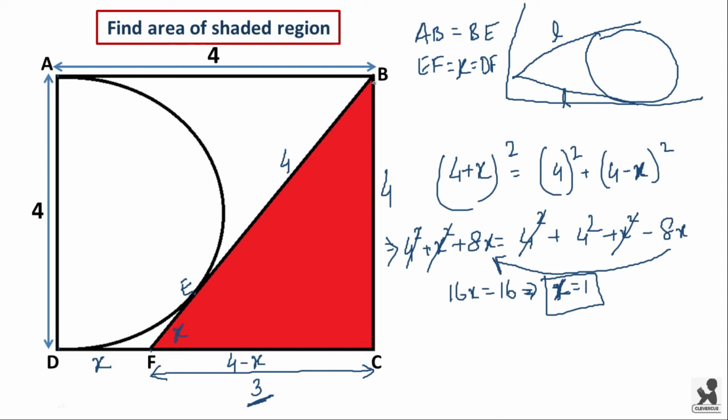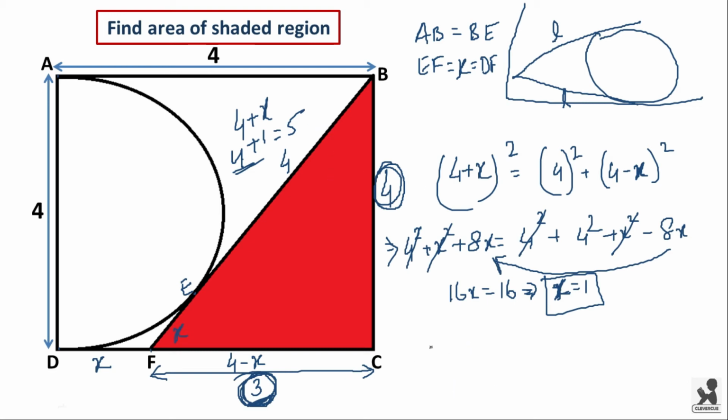Now we have got the triangle FBC, and the height of the triangle is 4 units, and the base of the triangle is 3 units. If we are asked to find the length of this hypotenuse, it is so simple that the length of the hypotenuse will be simply 4 plus x, that is 4 plus 1, which is equal to 5. Now in this question we are asked to find the area of the shaded region.